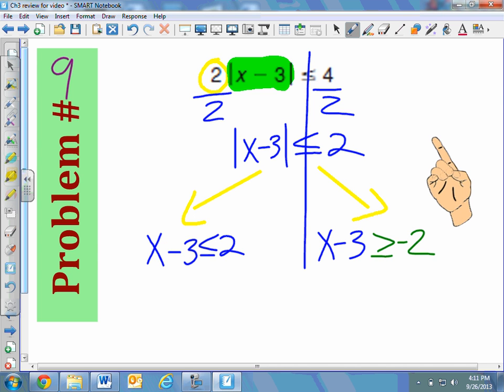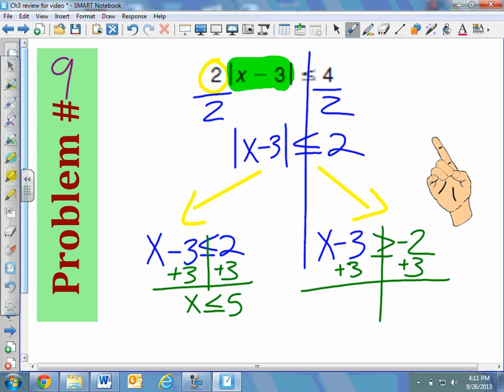Now solve them. Okay, so we end up with x is less than or equal to 5, and x is greater than or equal to 1. Okay, there's your answers.